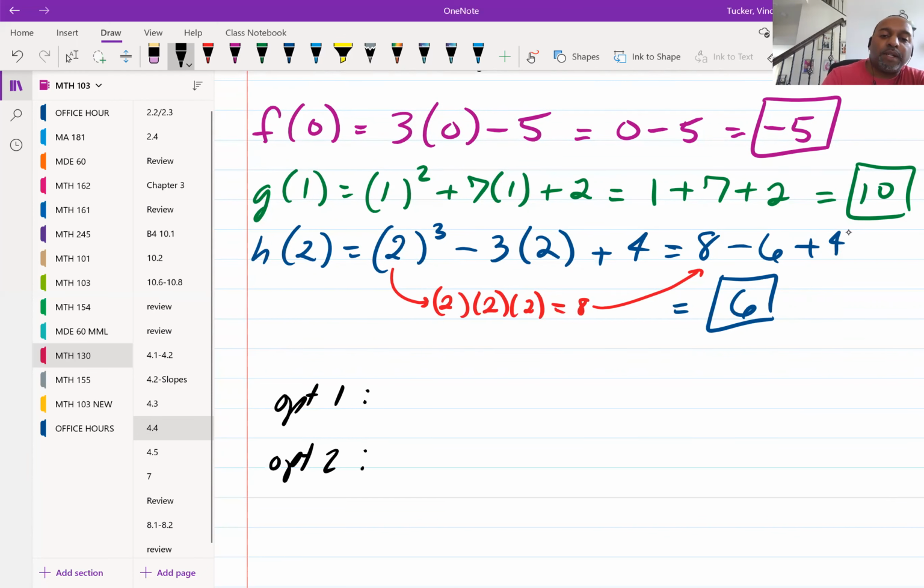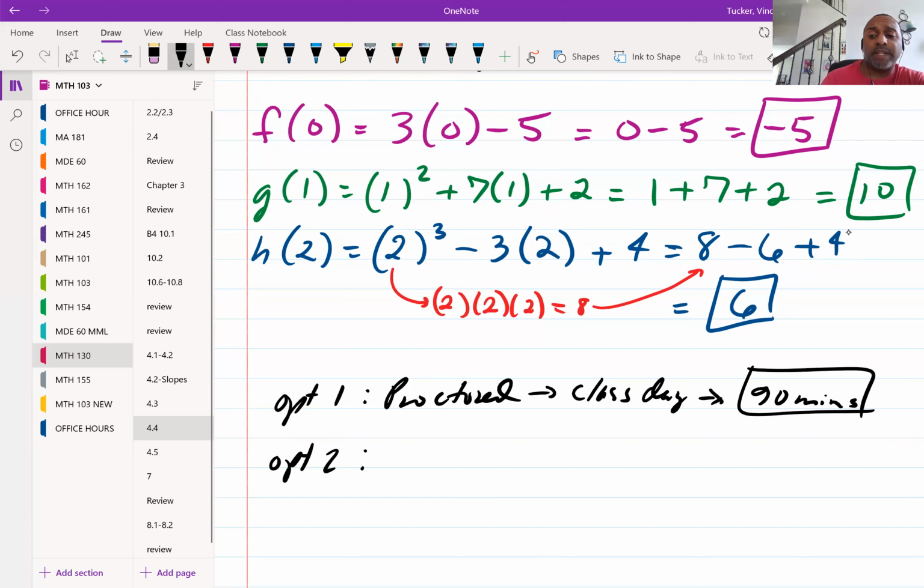So option 1 is proctored. It'll be on a certain day, one of our class days, and our class runs for an hour and a half, so I'll write 90 minutes.